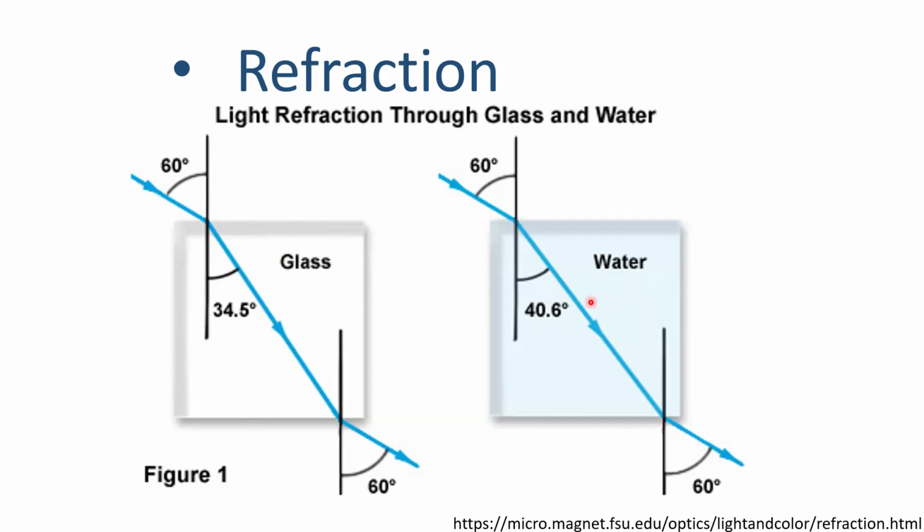And the index of refraction tells us how much that medium is going to slow down the light. Is it going to slow down the light more, or is it going to slow down the light less? Let's see. Maybe we can come back to this slide here.